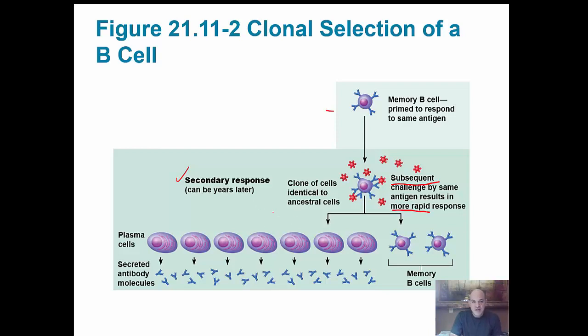You can see a lot more plasma cells are produced, producing lots and lots more antibodies, and some of these cells are also going to produce memory cells during the cloning.